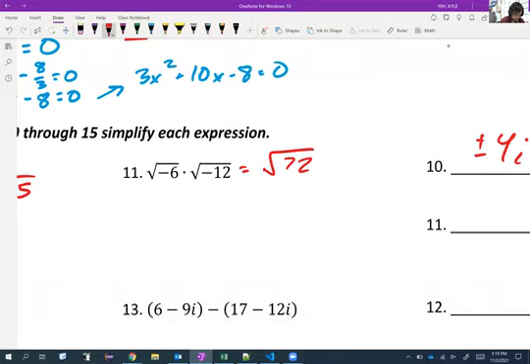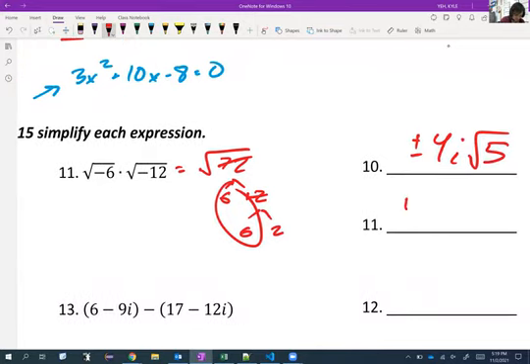So I'm going to go through then and maybe break down my 72. That's 6 times 12, because I just multiplied them. That's 6 times 2, and I have a pair. So a pair I can pull out. I'm going to say plus or minus 6 root 2.